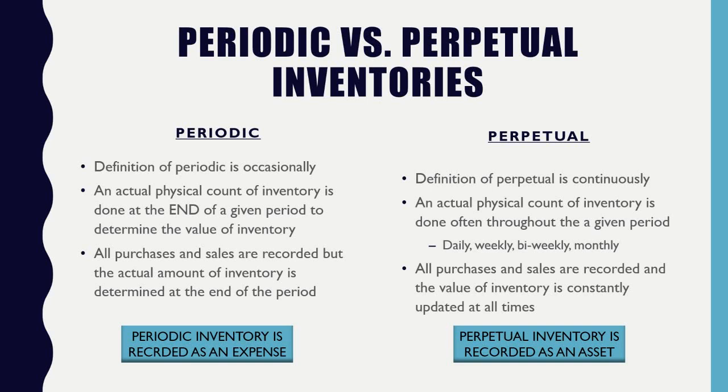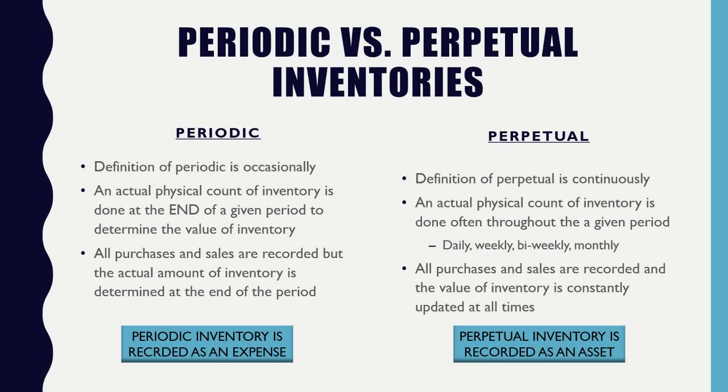And every time you sell something, the system will subtract it out immediately. So when you run that scan to check if you have those items available, you will know if they have it because it will show up for you. So that's a good example of perpetual inventory, where you're going to constantly know exactly how many items you have on hand at all times.